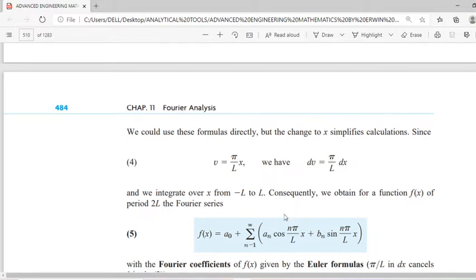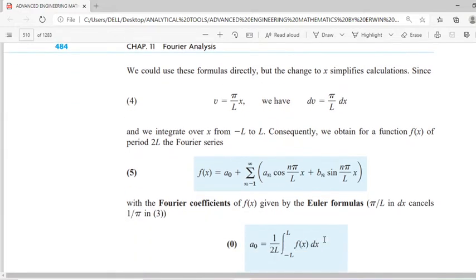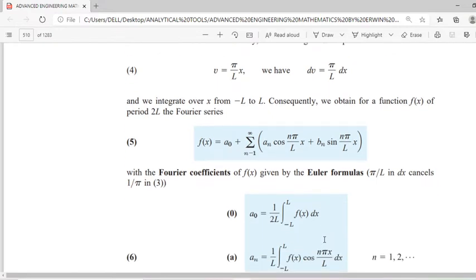So f of x equals a naught plus the summation from n equals 1 to infinity of an into cos n pi by l x plus bn into sin n pi by l x. So instead of v, we substituted n pi by l into x.